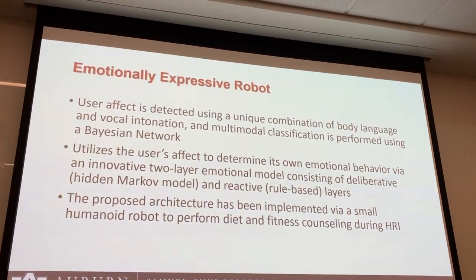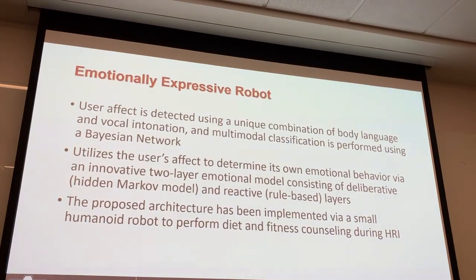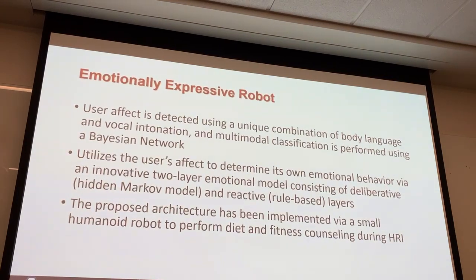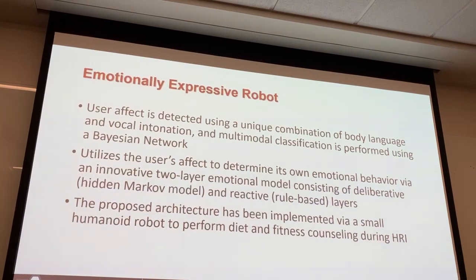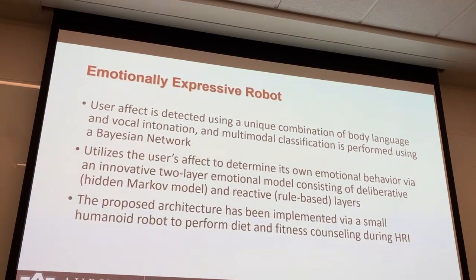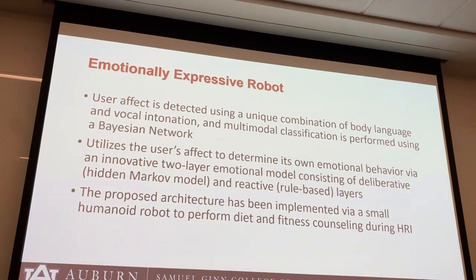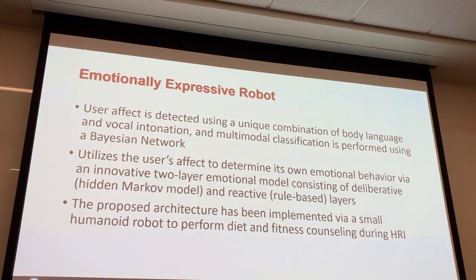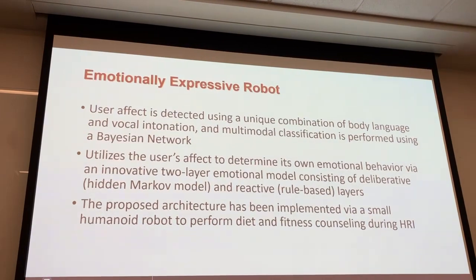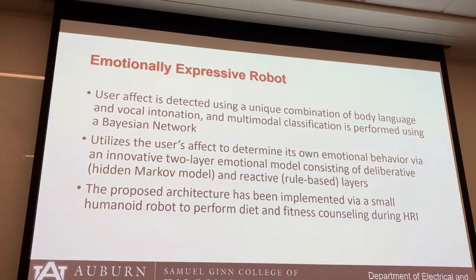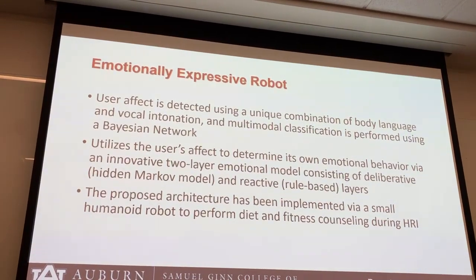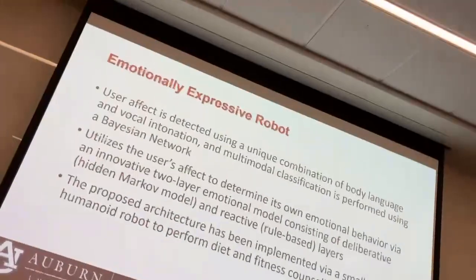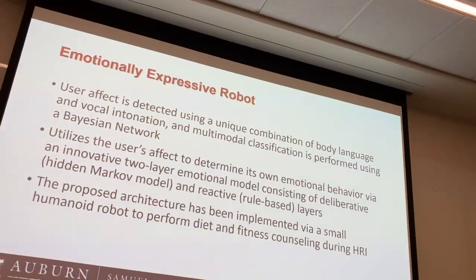The first one is MARS, where the system detects the user's affect using a unique combination of body language and vocal intonation, then combines the two using multimodal classification with a Bayesian network, and then defines its emotion using an innovative two-layer model consisting of deliberative and reactive layers. The proposed architecture has been implemented on a small humanoid robot to perform diet and fitness counseling during HRI.